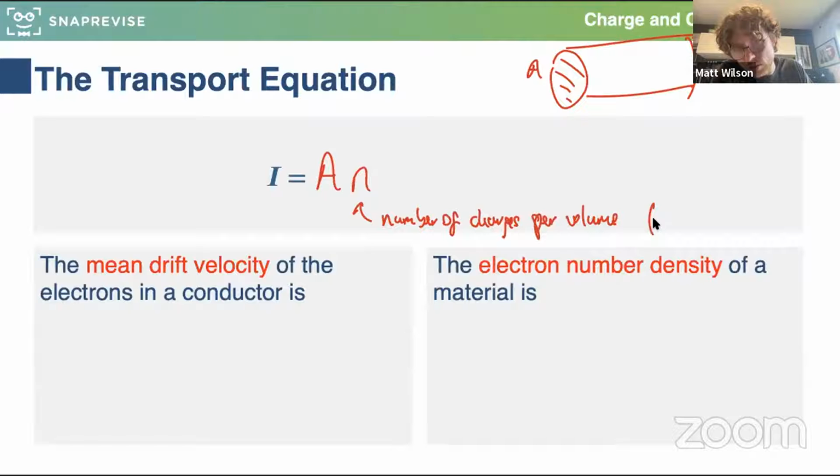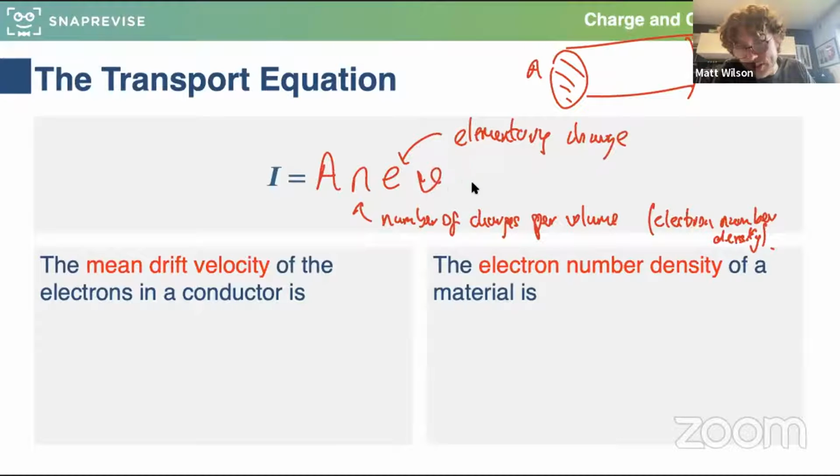This often gets just called the electron number density. Good. We have the charge of a single charge carrier, which is usually the elementary charge because it's usually electrons that are moving around our circuit.